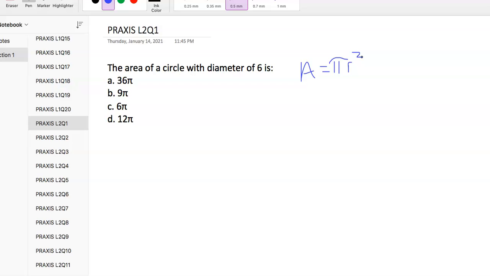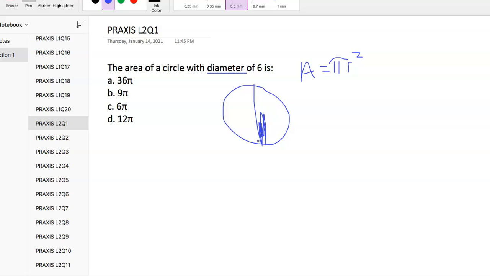This one just gives us diameter. When you're looking at a circle, diameter is this whole thing. Radius is just this much. So radius is half of diameter. Where it says diameter is 6, radius is 3, just 6 divided by 2.